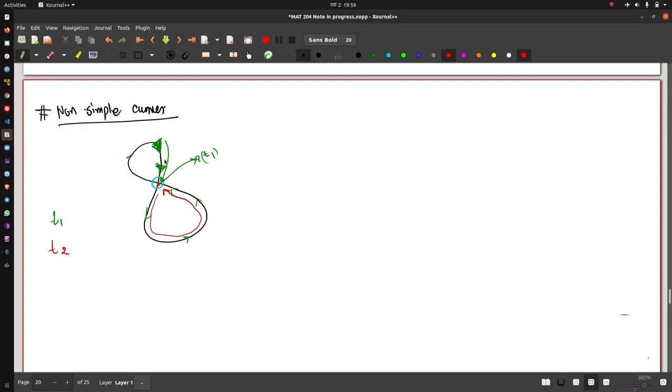So that's why we're saying that this is a non-simple curve. And since this is also a closed curve, it's called a non-simple and closed curve.